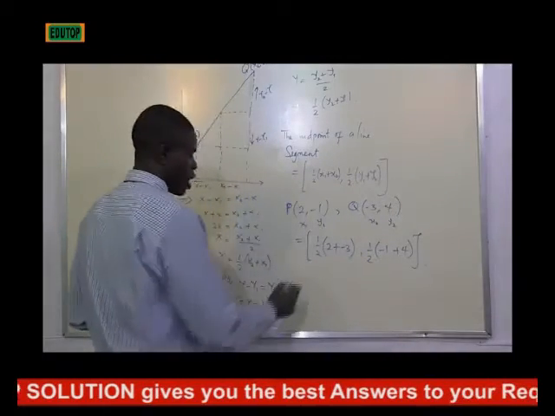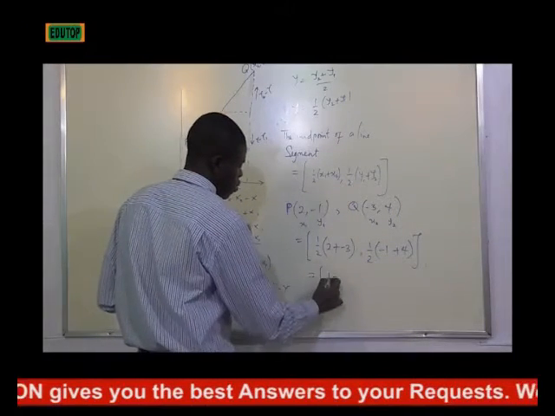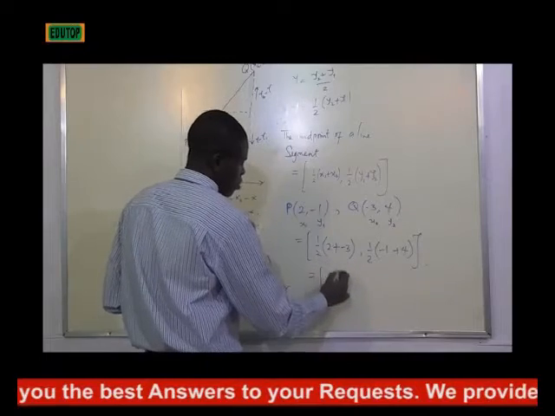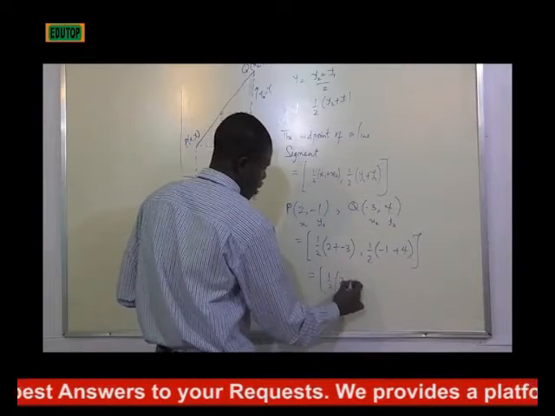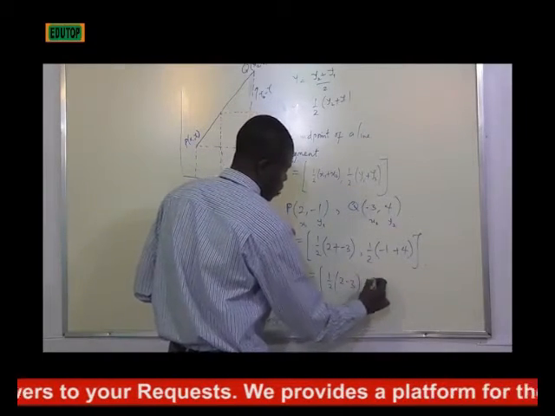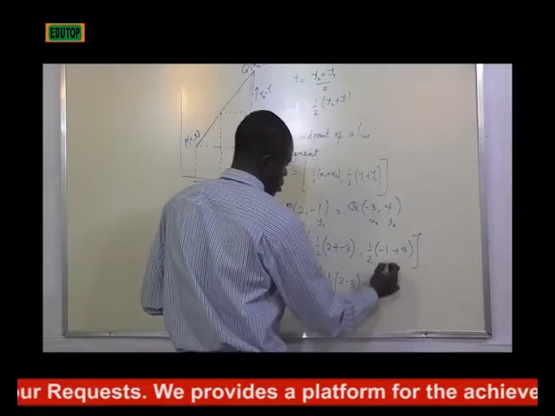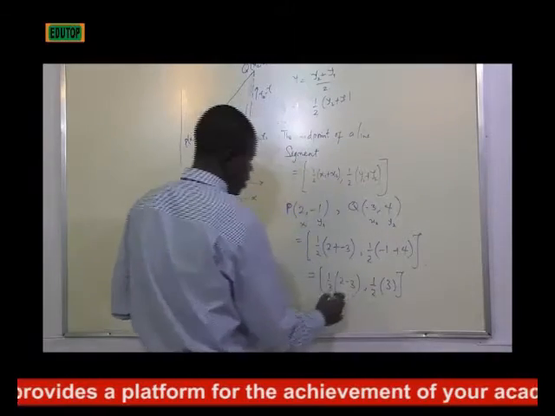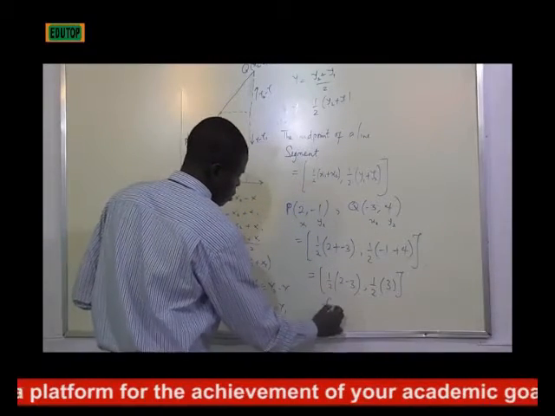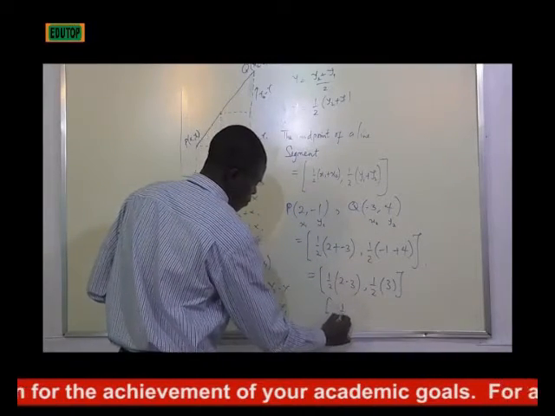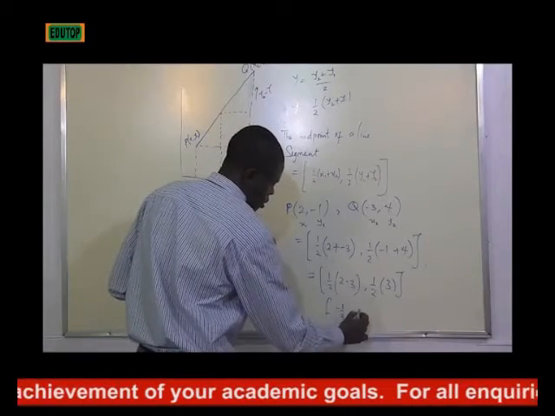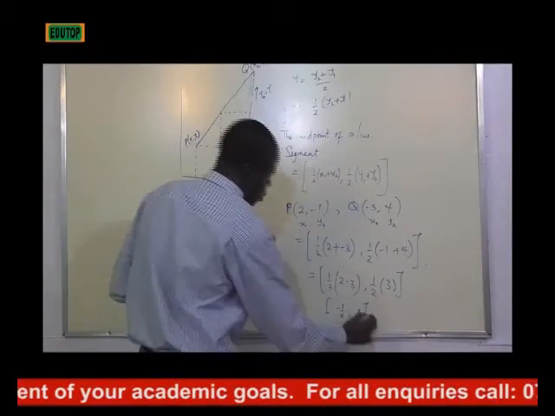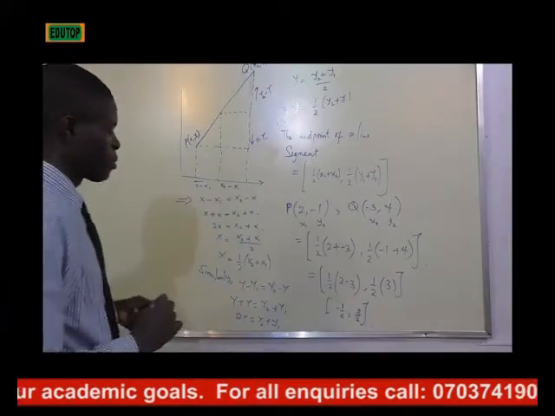Then this becomes 1 over 2 into 2 minus 3, comma, 1 over 2 into 3. So this one is minus 1, so your midpoint will be minus half, comma, 3 over 2.